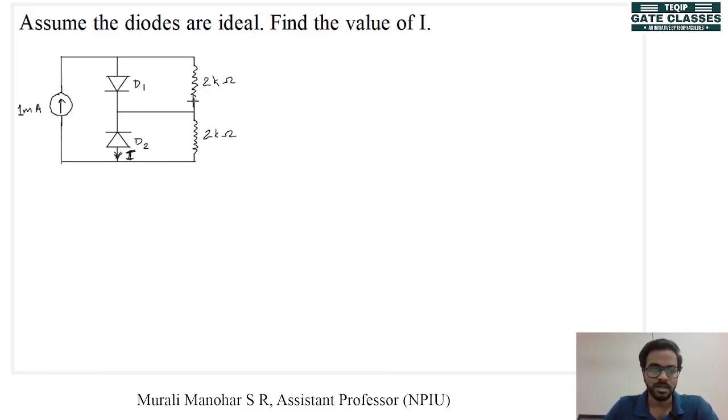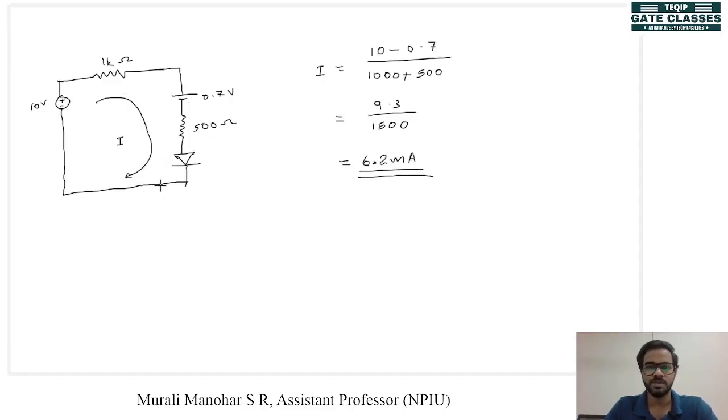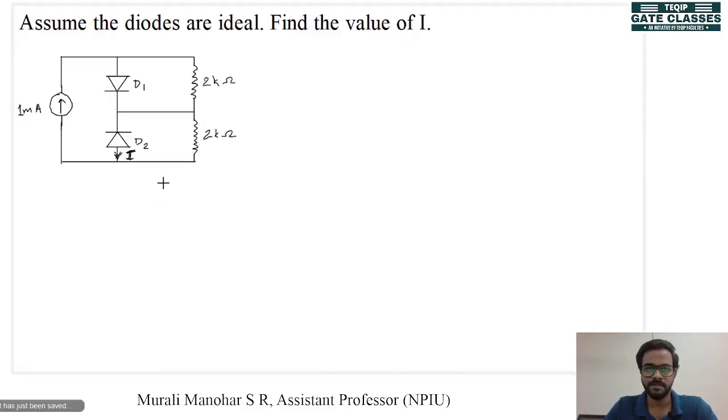There are two resistances, 2 kilo ohm and 2 kilo ohm. In the last case, we assumed that the diode was a short circuit. In this case, we will assume that the diode is an open circuit.